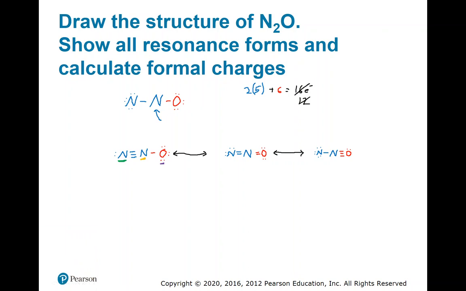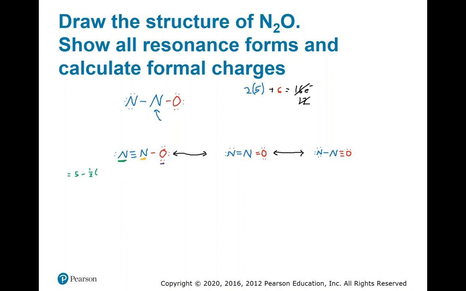And if you go back a few slides, the formal charge for our green nitrogen should be the number of valence electrons in a neutral nitrogen atom, which is 5, minus 1/2 times the number of bonding electrons, so not the number of bonding pairs, but the number of bonding electrons.